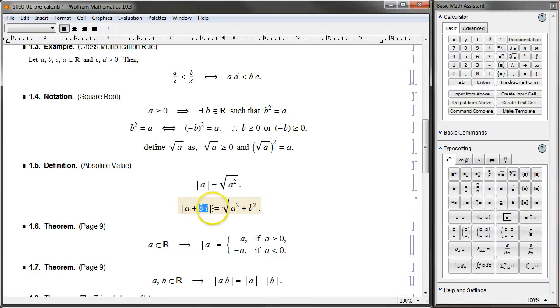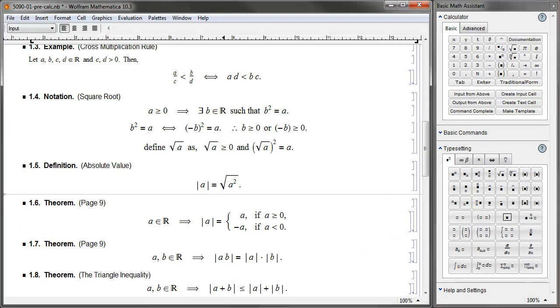If I plug in b equals 0, this part drops out and we have just this one. So this definition of our textbook author can be extended naturally toward complex numbers and even further to vectors and so on. But the other definition doesn't work that way. I think that's why our textbook author decided to define the absolute value like this rather than that.